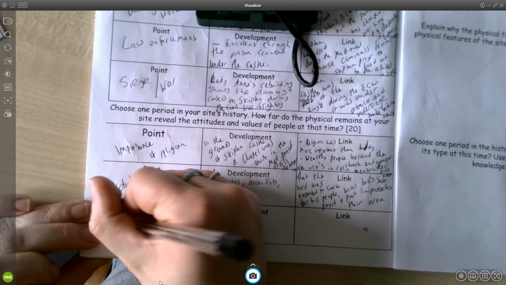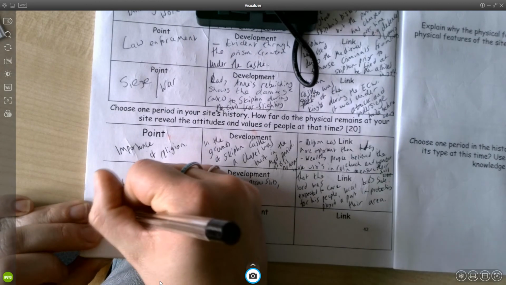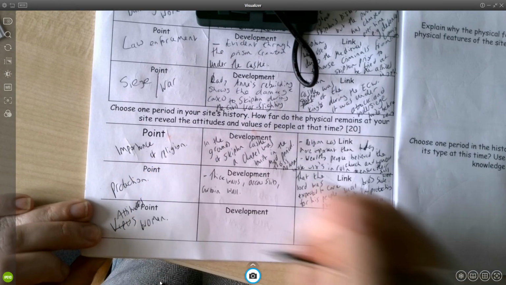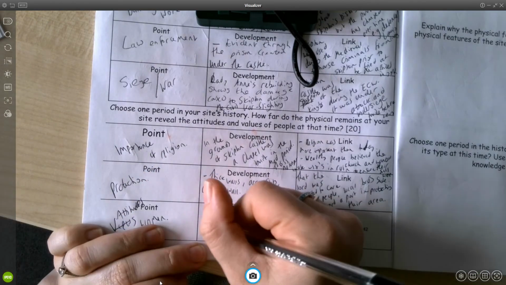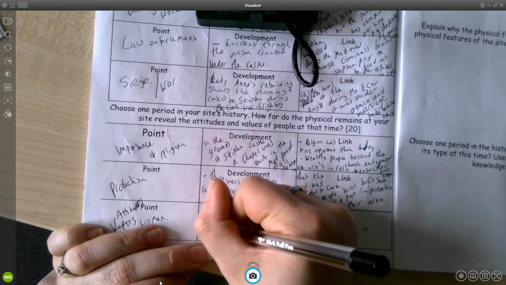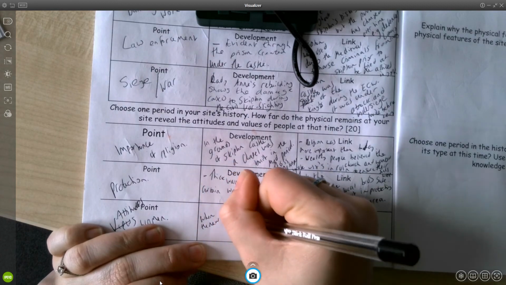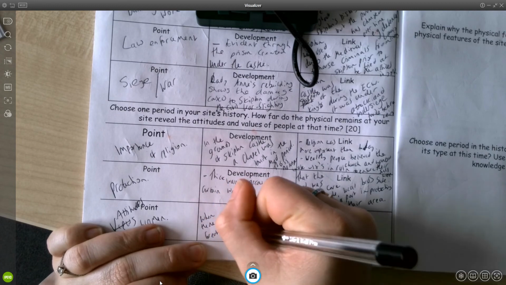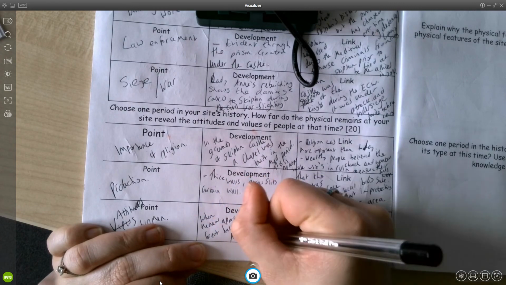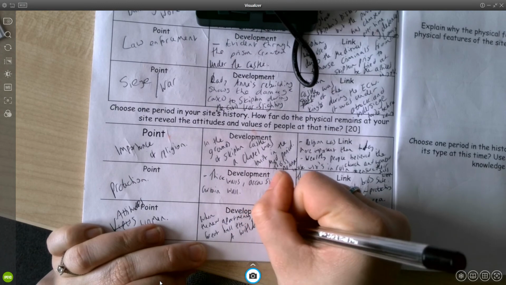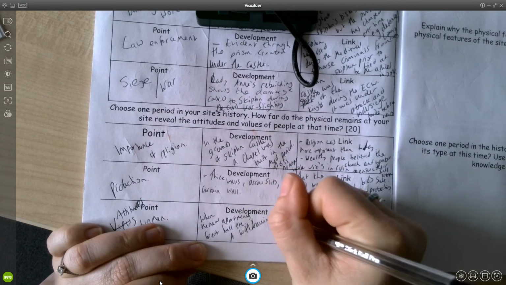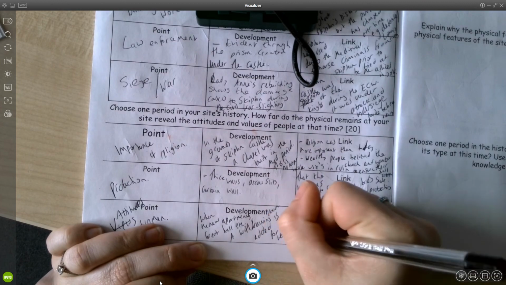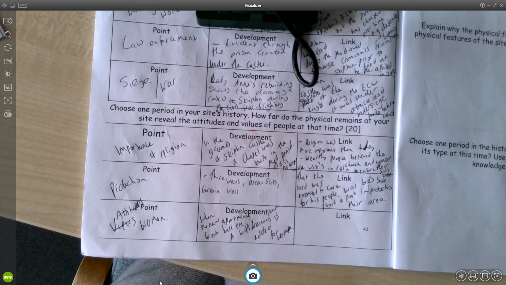Another thing that it tells you is attitudes towards women. So when the new apartments are built, great hall, kitchen, etc., a withdrawing room is added for women.